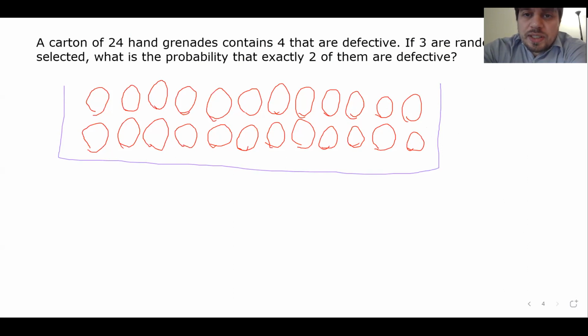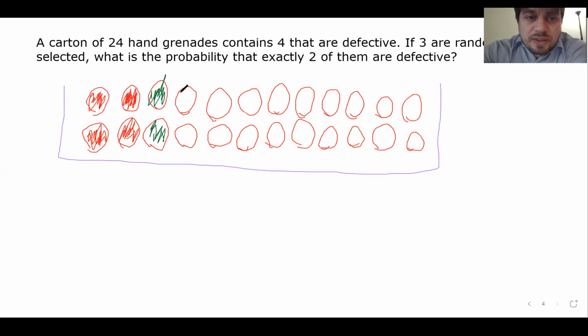So maybe green would have been better. So how about this? 4 are defective. So I'm going to fill in 4 of them red, so that the use of red means bad, right? So 4 are defective. And then green is going to be all the other ones that are not defective. So this is green for not defective.